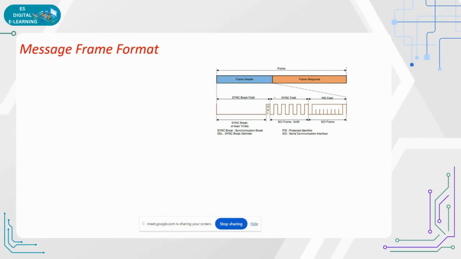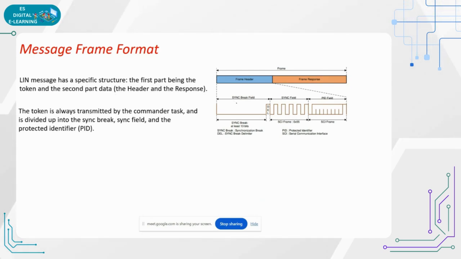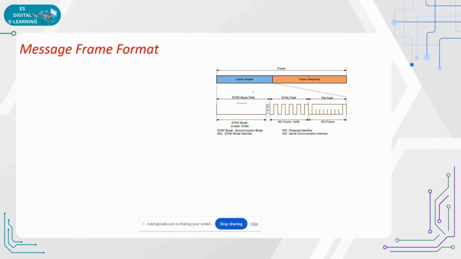Usually the message frame format has the header and response. The header has the sync break field and, like the previous concepts we discussed, break, sync, and identifier. The break has the information of 13 bits.